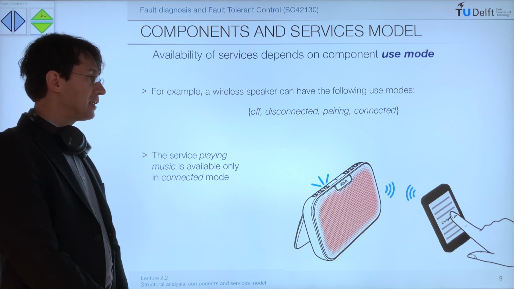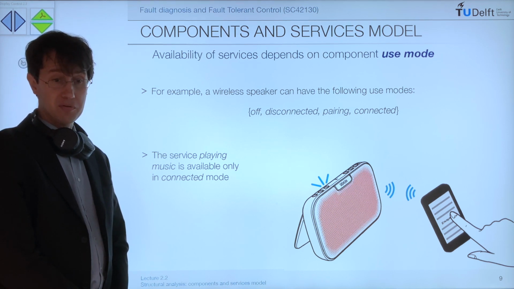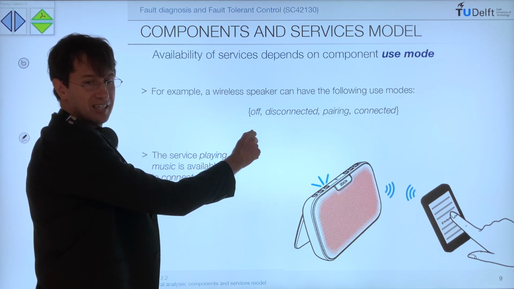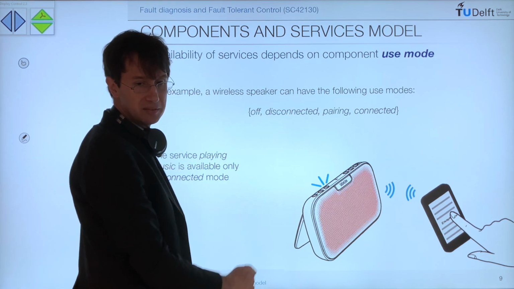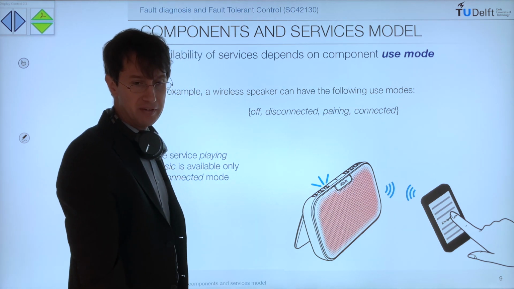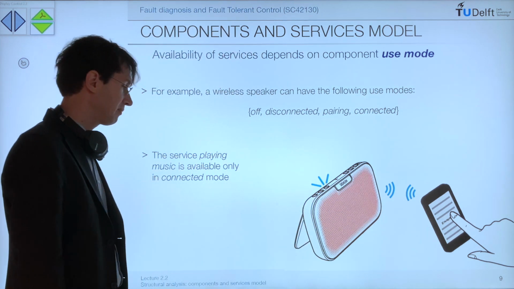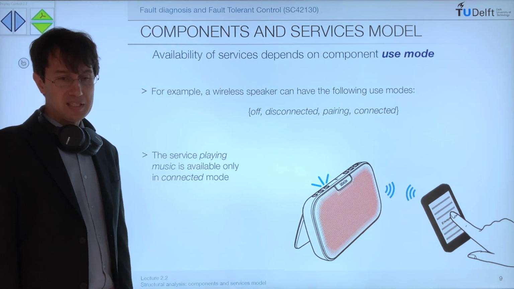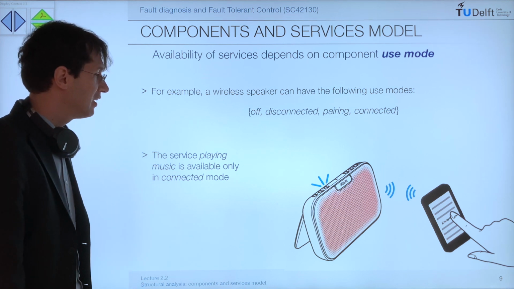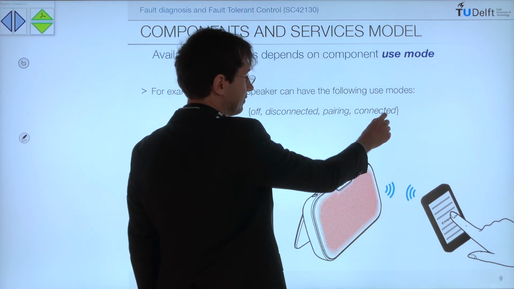The wireless speaker can be in one of different use modes. It can be off, it can be disconnected, it can be in pairing with your device, your smartphone, or it can be connected to your device. If one of the services of the speaker is playing music, you can only play music if you are connected.